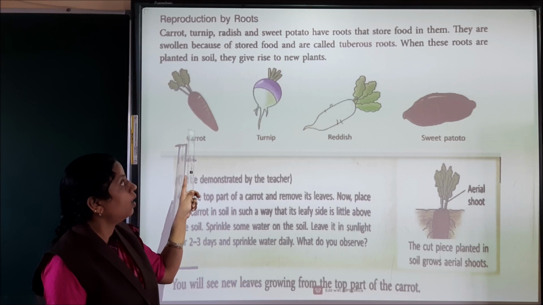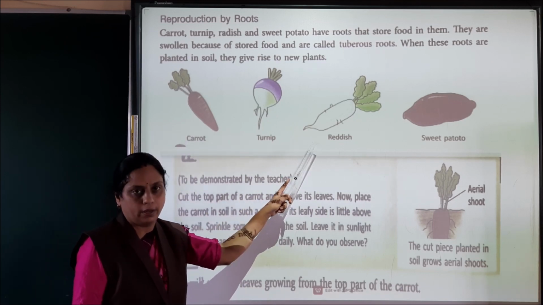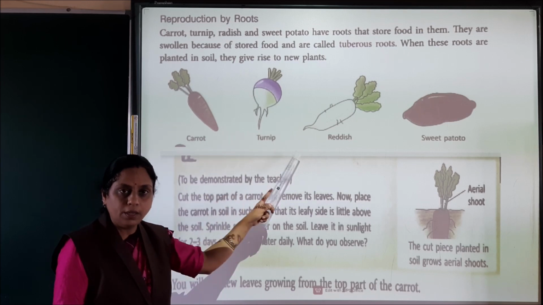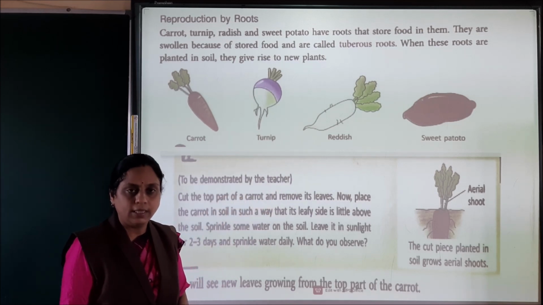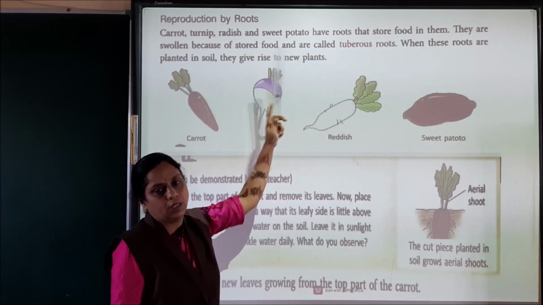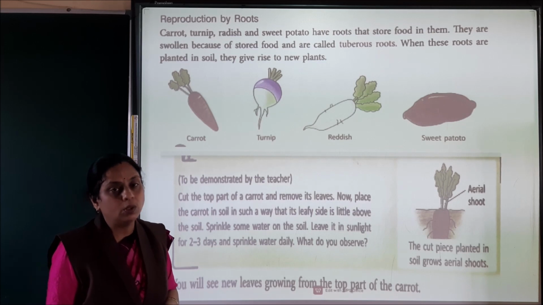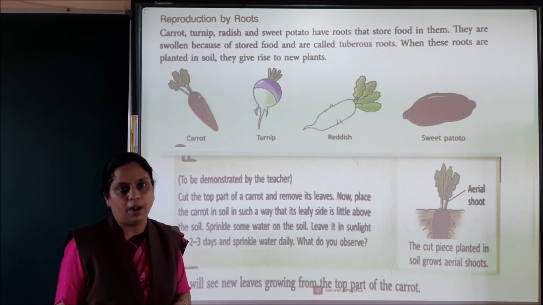These pictures are of roots. These are all swollen. Now why are they swollen? Because they store food inside them. As they store food inside them, they are called tuberous roots. And when these roots are planted in the soil, they give rise to a new plant.